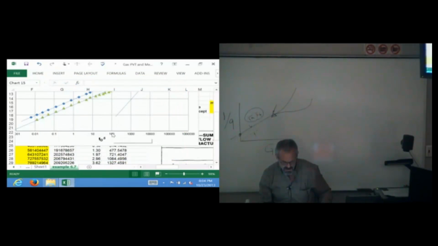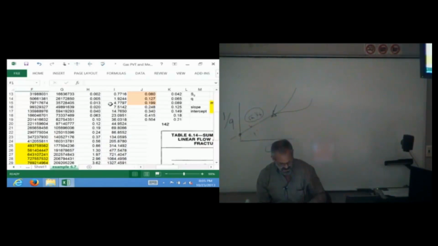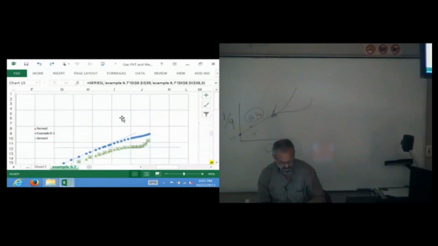And it's not going to be log-log. Let me get rid of these lines. I'll leave one of them there since they're so hard to find. I'm going to get rid of my derivative curve. And, oops, I got rid of the whole graph.